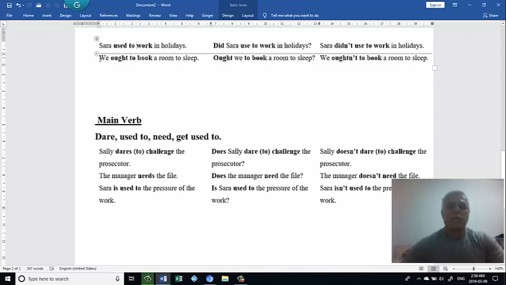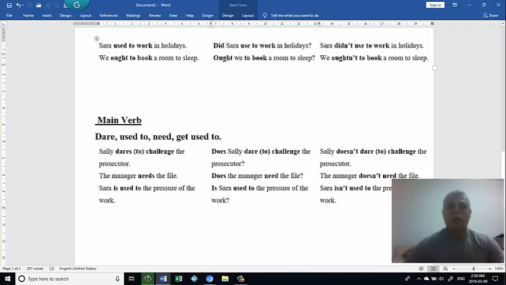If you look at this one, the next sentence, we ought to book a room to sleep. I have a subject. I have ought to as a modal. Then I have the root of the verb, which is book. If I make a question, ought we. Here, because "to" is a separate part of the modal, then we keep it here.